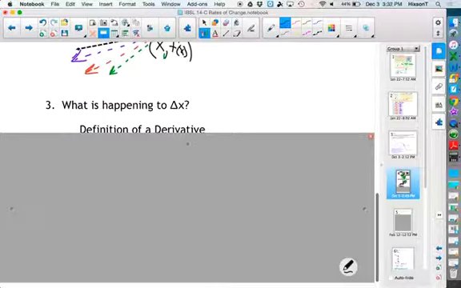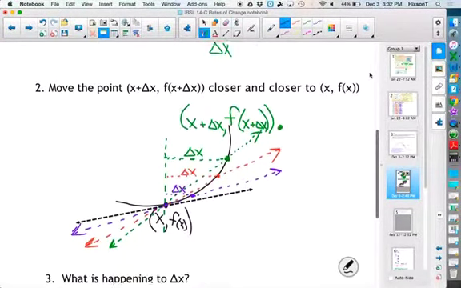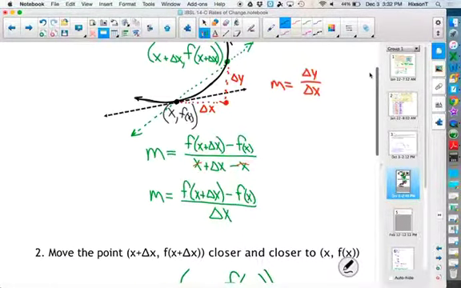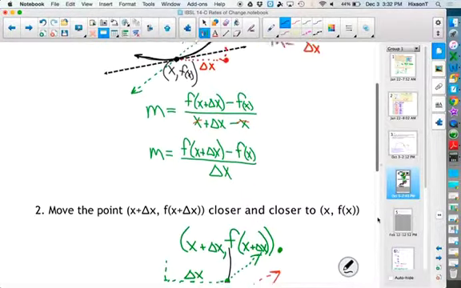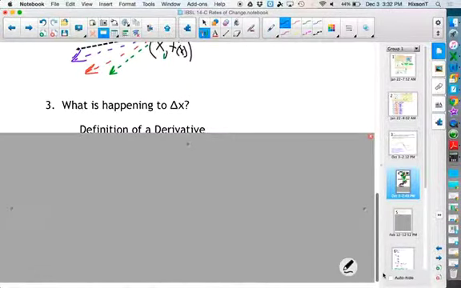And since we know delta x can't equal 0, because delta x is our denominator, it can't actually equal 0, but there's this asymptote there, and it's going to approach 0, and that means our whole slope is going to approach a specific value.